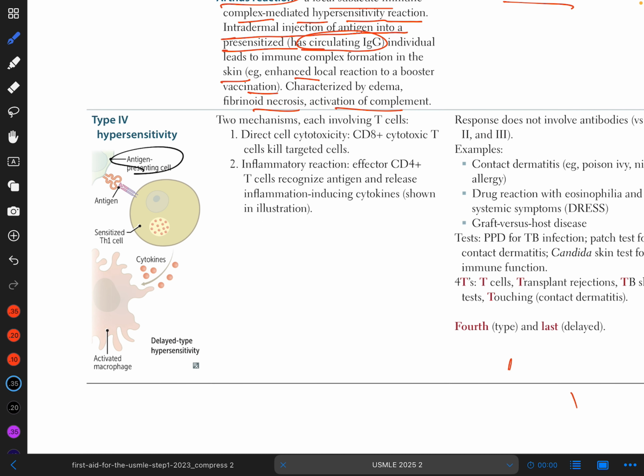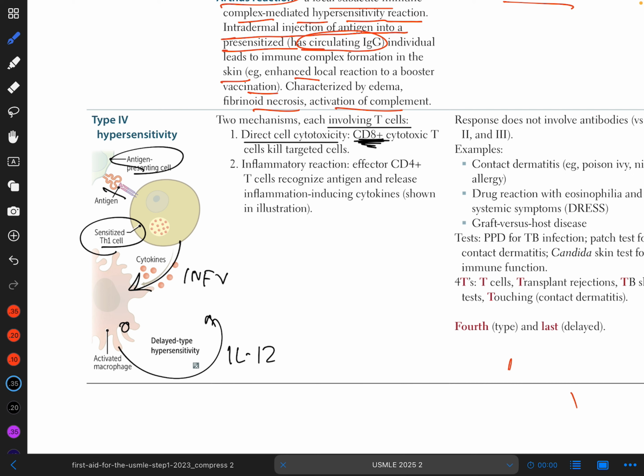These are antigen presenting cells that present the antigen and stimulate the type 1 helper cells, which release cytokines like interferon gamma and activate the macrophages, and they release interleukin 12. There are two mechanisms, each involving T cells. First, direct T cell cytotoxicity by CD8 cytotoxic T cells that kill the targeted cells, as we already know.